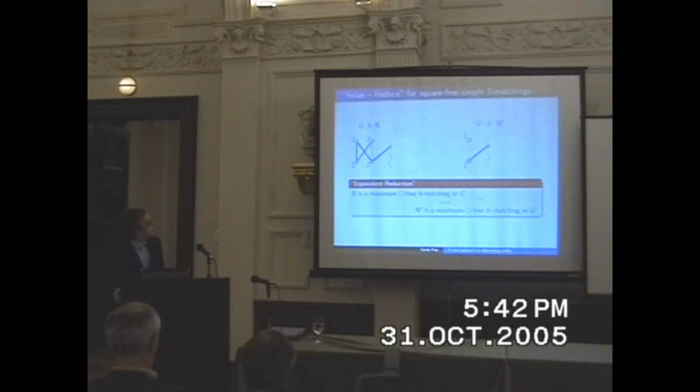Also, if M prime would be a maximum, if we would have a verifying cover for M prime in the reduced instance, then I claim that you can probably add a couple of things to the cover, to the pre-image of that cover, so that the value of that cover only gets bigger by 3.